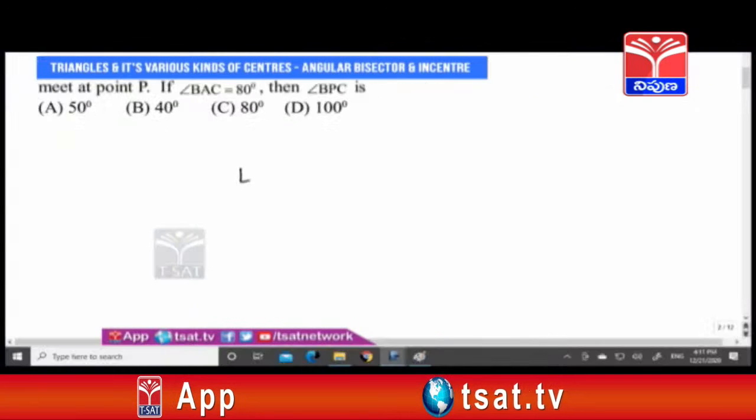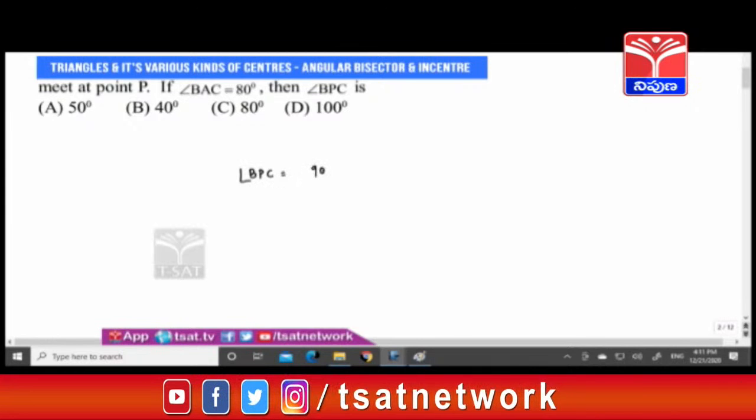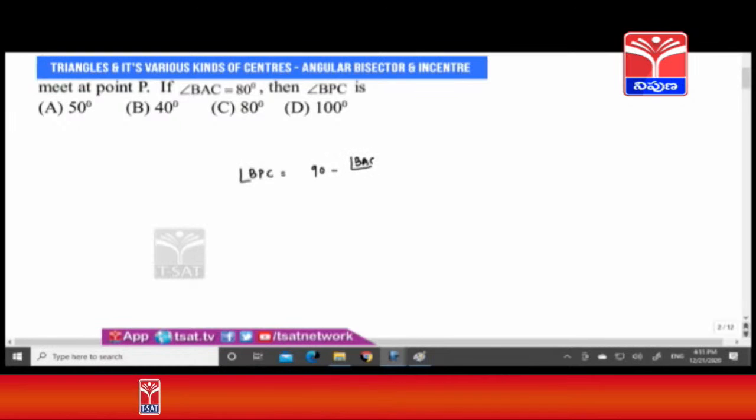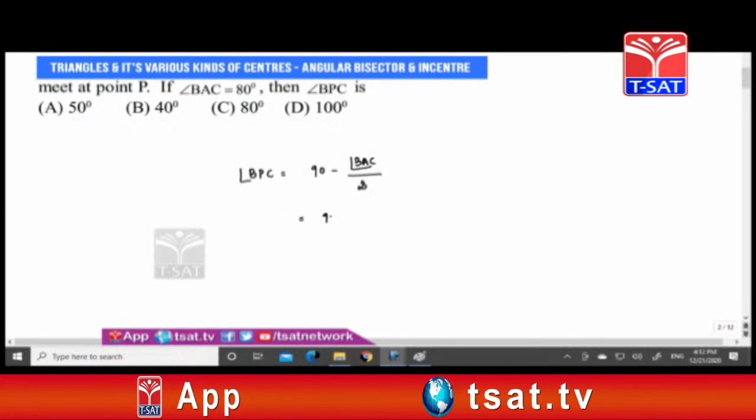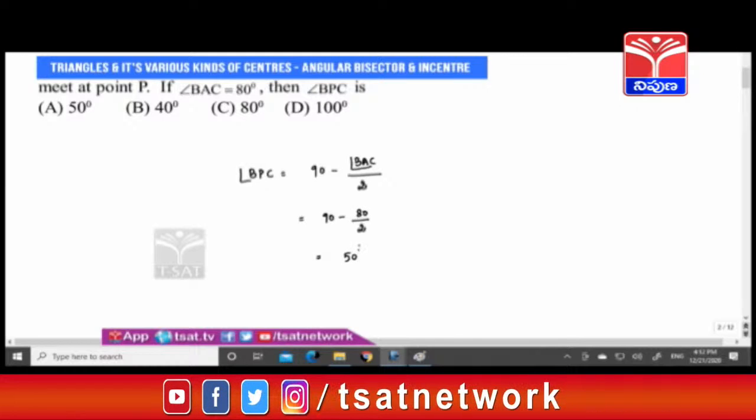Without a figure we can say angle BPC, for two external angular bisectors, is 90 minus angle BAC by 2. So here angle BAC is 80, divided by 2 is 40. So 90 minus 40 is 50 degrees.